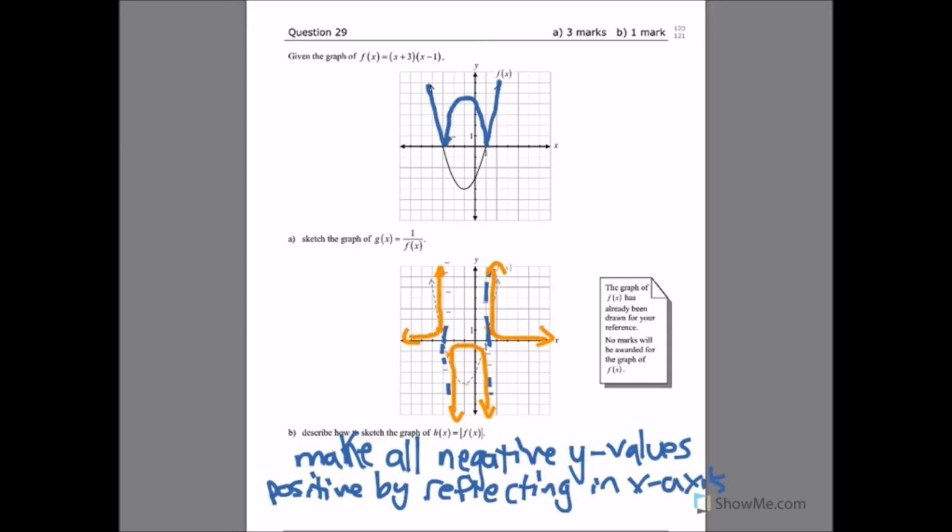You could also say between x equals -3 and x equals 1. So just describing that this piece here is flipping up.